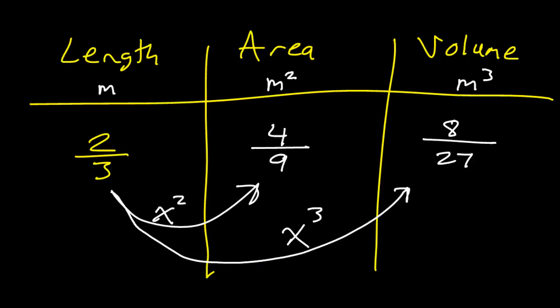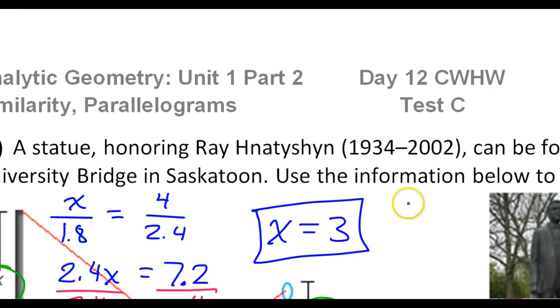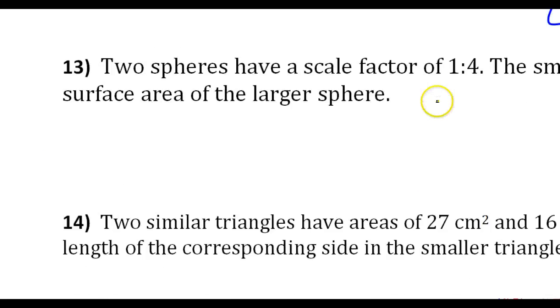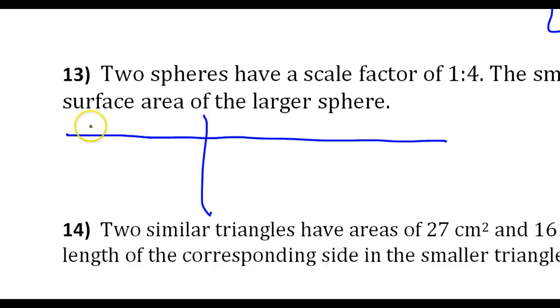So on this problem, number 13, it says we have 2 spheres with a scale factor of 1 to 4. When they say scale factor 1 to 4, let me just zoom in for a second, they're talking about a length scale factor. So the length scale factor is 1 to 4.